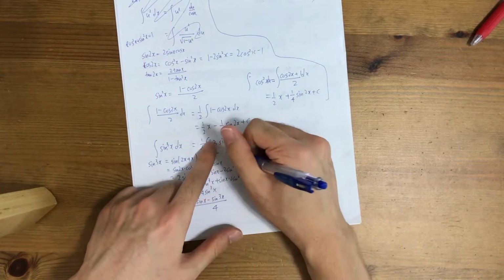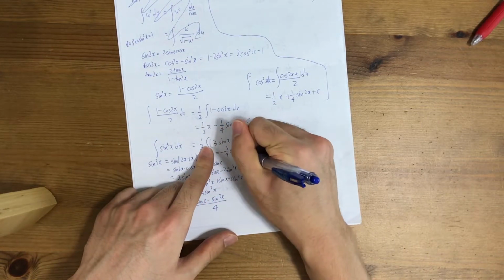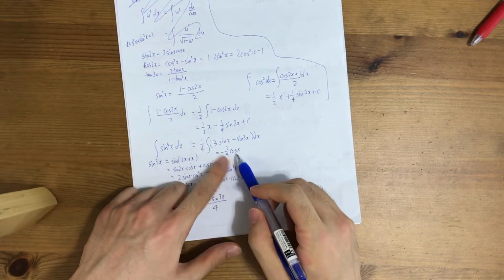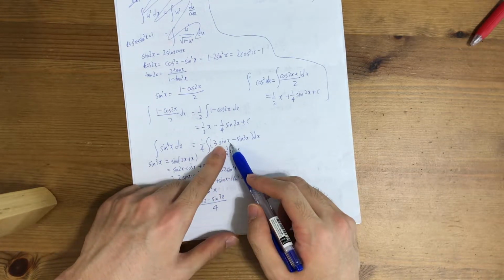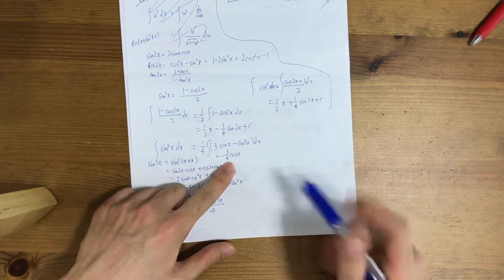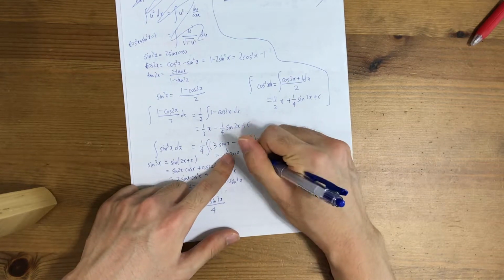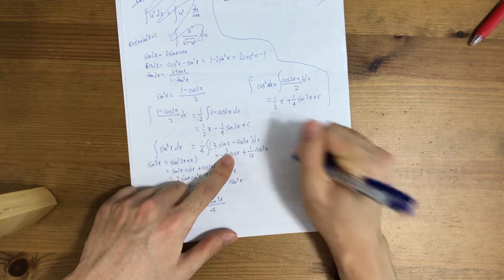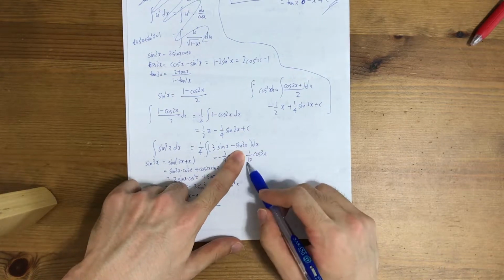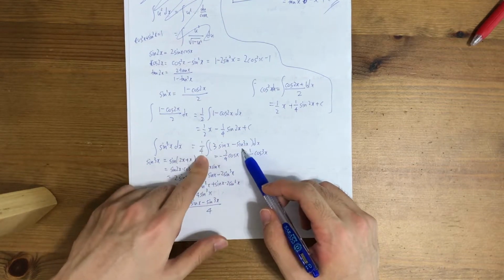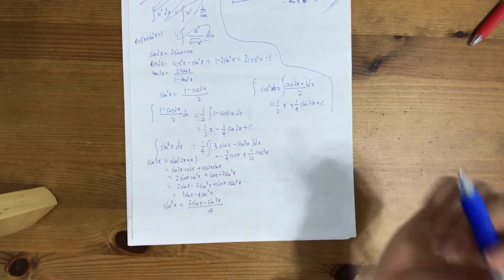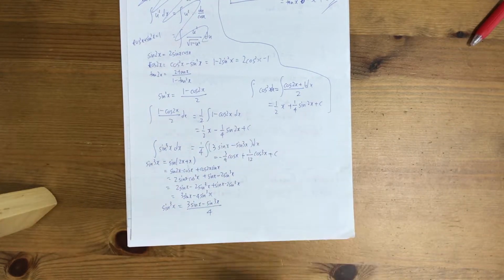That one will have this, right? The antiderivative of sine x is negative cosine, and for that we have this, because if we differentiate this, we'll have 1/4 times this. So that's it, and again plus c.